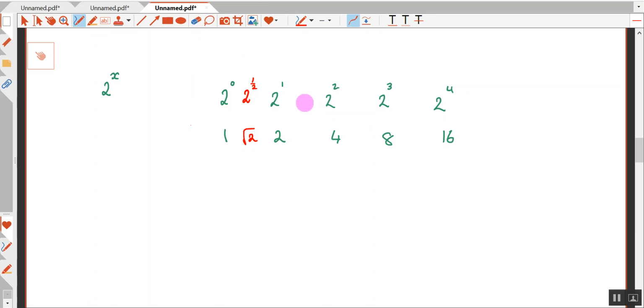So that would be 2 to the power of 3 over 2, the square root of 2 cubed, yeah, so the square root of 8, which is somewhere between, all right?